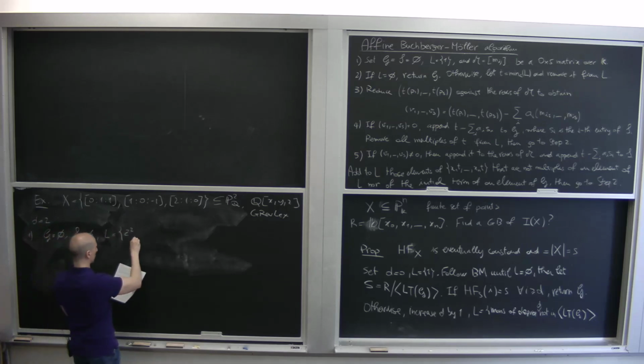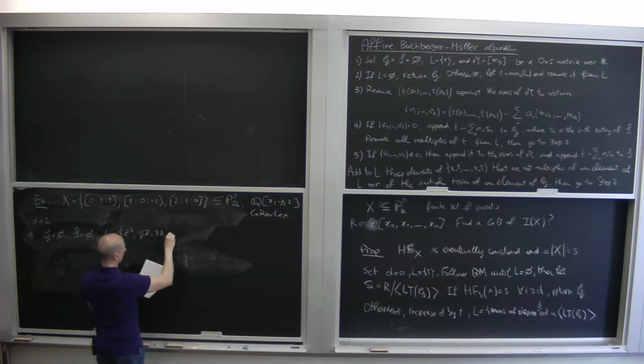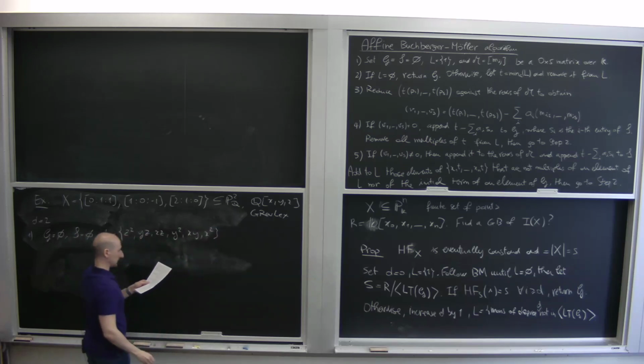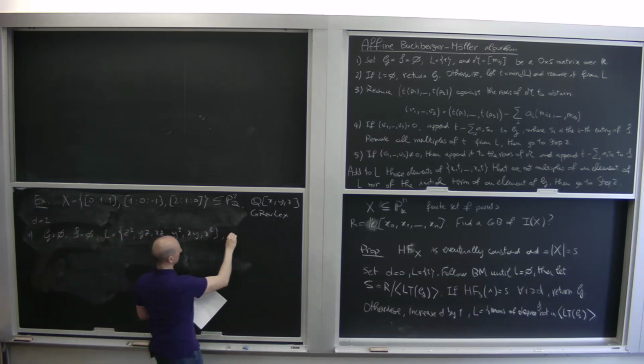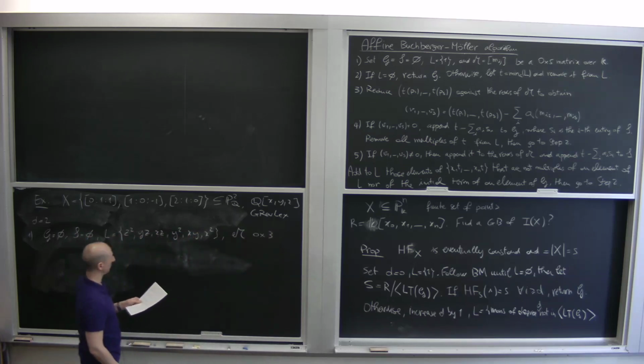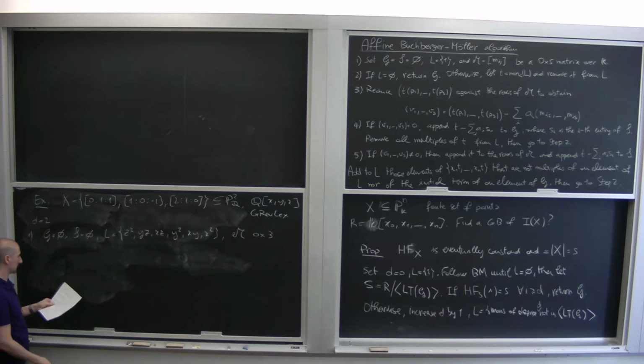I order them from the smallest, because we have to extract the minimum. And then M is a 0 by 3 matrix, 3 points, so 3 columns.